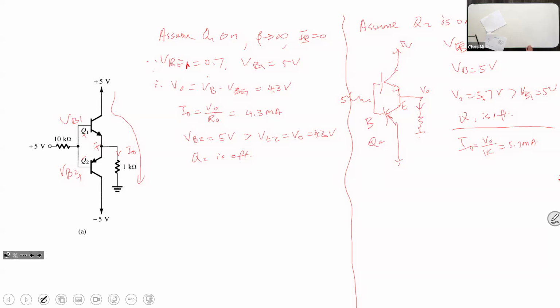It has to be coming from our negative voltage, because there is nothing coming from our positive voltage, since Q1 is off. We said Q2 is on, but when Q2 is on, the current is supposed to be going this way. How can you have a 5.7 milliamp current going through that resistance when there's nowhere the current would come from? It doesn't come from the base, since the base current is 0. So apparently, this is deadly wrong because this is not possible.